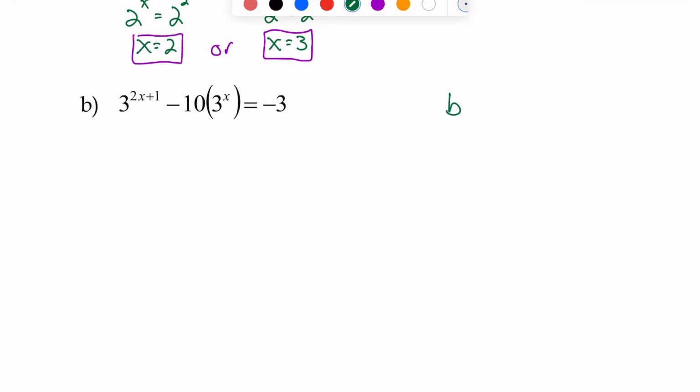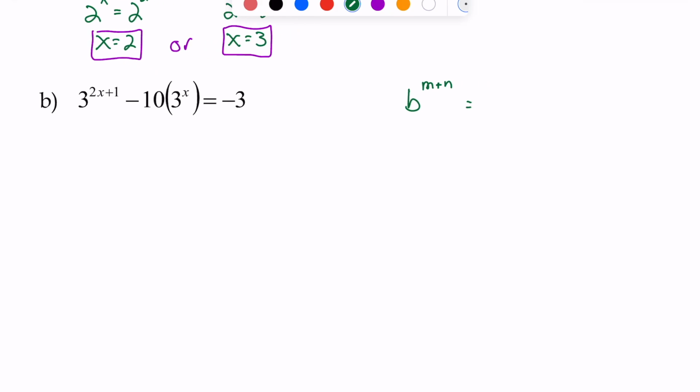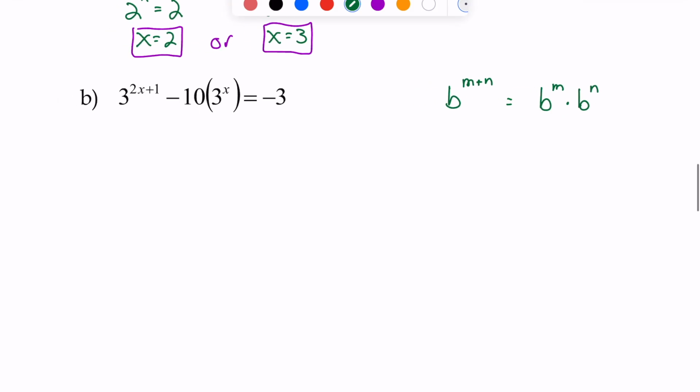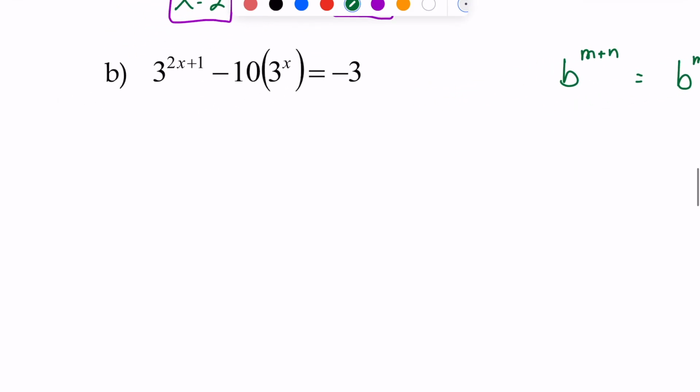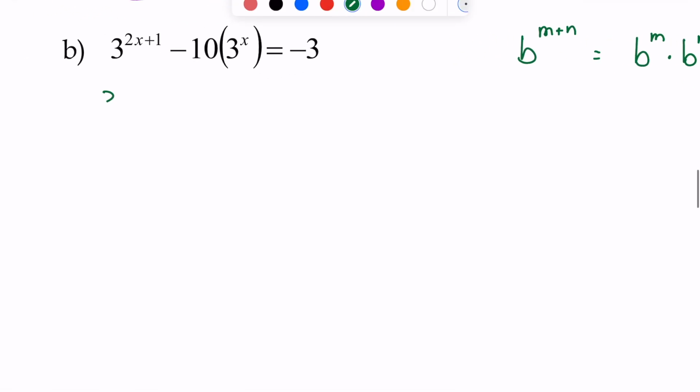If I have some base, our base being 3, and there is an exponent where there's an addition, well, that comes from taking b to the m, multiplying b to the n. When you have two things multiplying, you add exponents. So this right here comes from saying 3 to the 2x multiplying 3 to the 1.